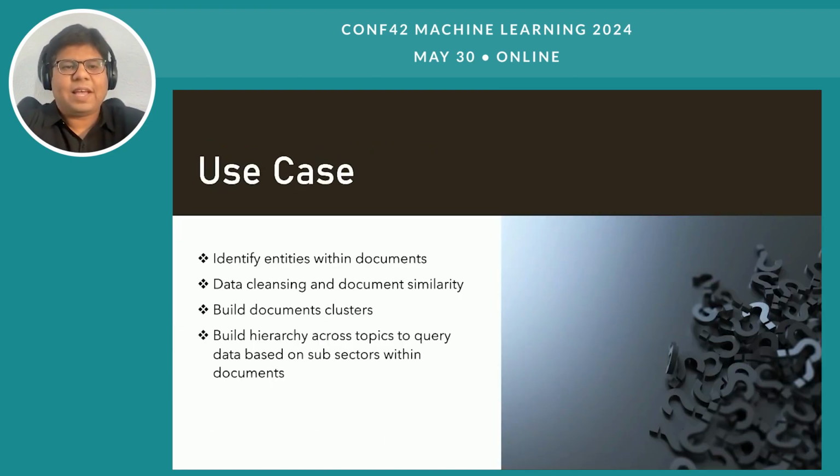On the use cases side, primarily we have four use cases right now to solve. The first use case is how we can identify the entity names within the documentation. Generally, as it is a venture capitalist company, lots of people submit their applications with an intention to raise funds.